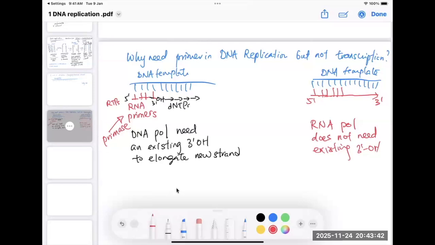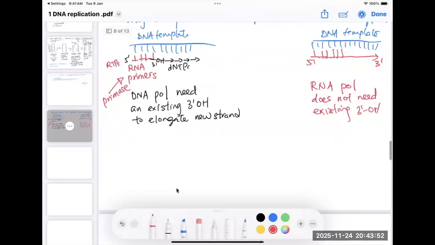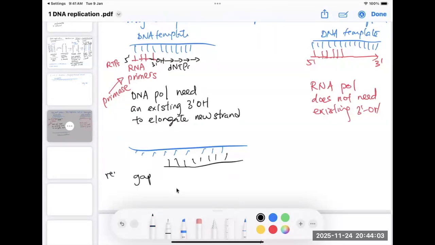Then only the DNA pol will add from the 3' OH of the RNA primer. Then remember after that, they have to remove it, isn't it? So here, all is in already, then there's a gap here because they have to remove the RNA primer.